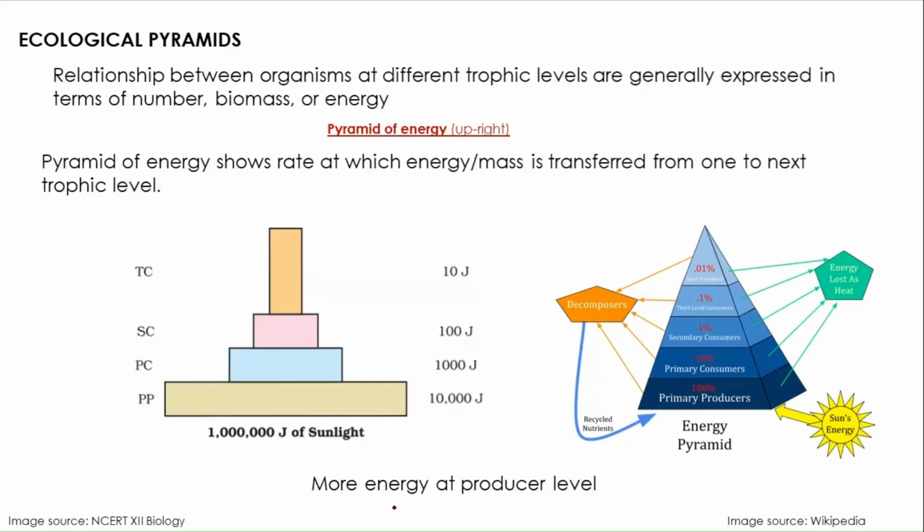This we know: the ecological pyramids. There are three different types of ecological pyramid. The pyramid of energy is always upright because we are getting light energy from the sun, and that is always higher, and it's unidirectional. It's upright because at the tertiary level, we will get less energy, right?